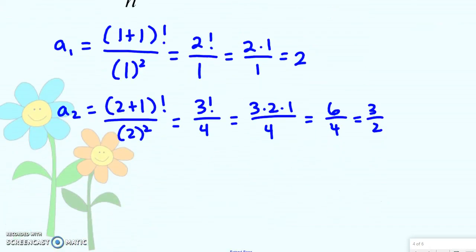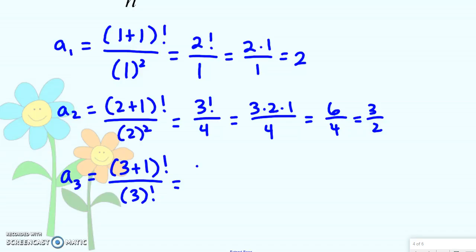Okay. And then a sub 3. Oh, this is 3 squared here, sorry. Okay, so let me show you where that is on the calculator.